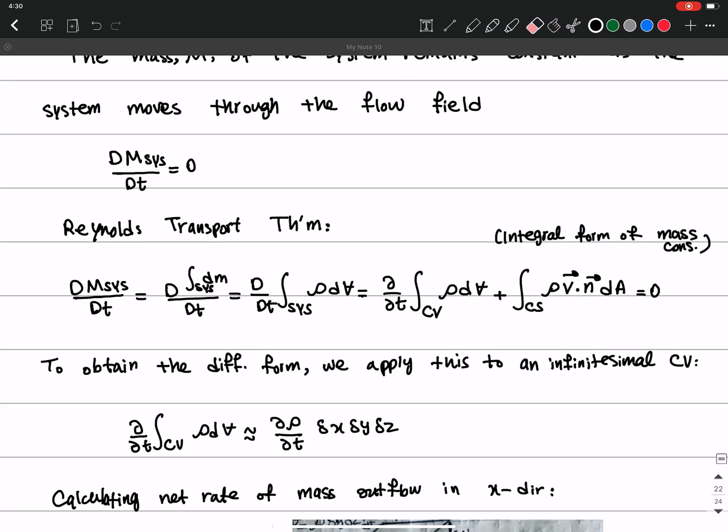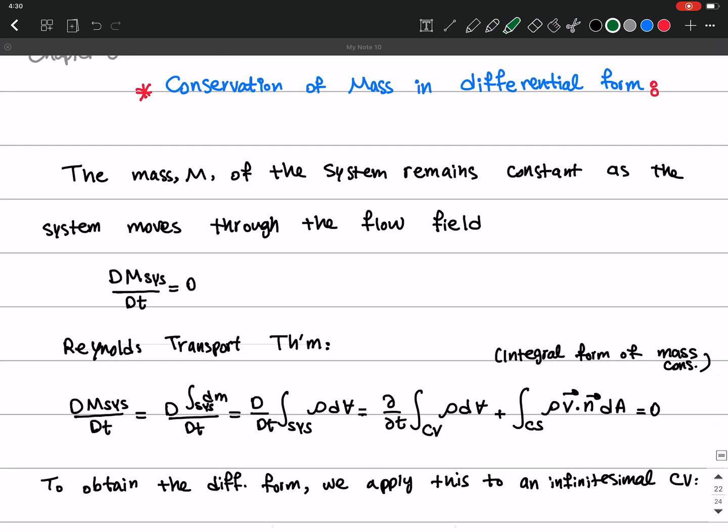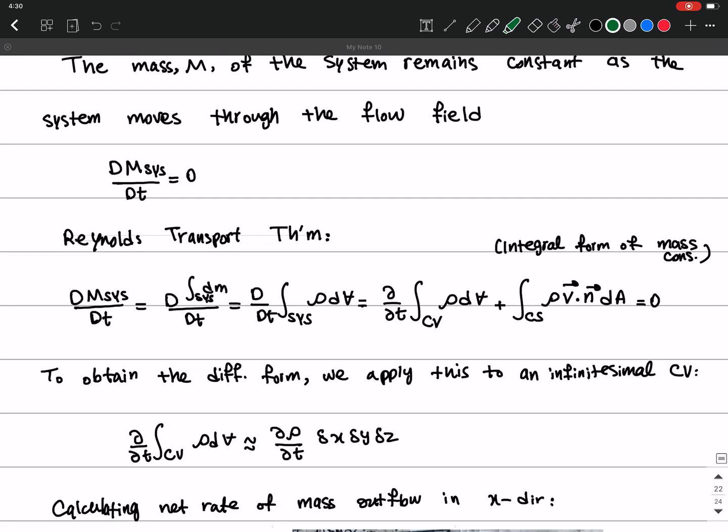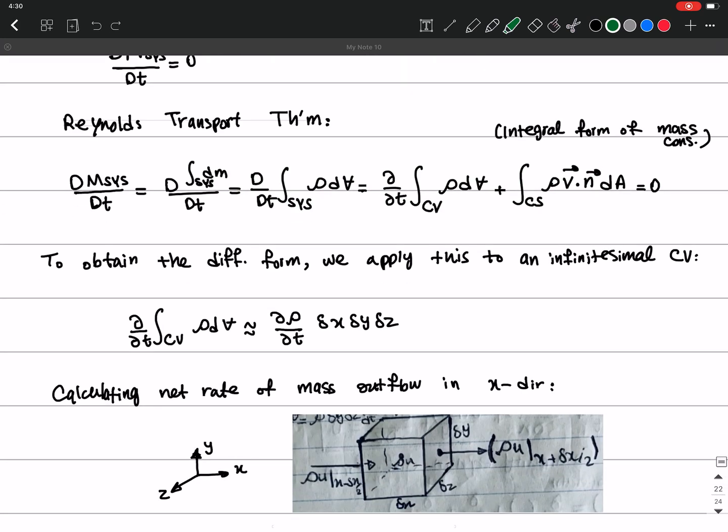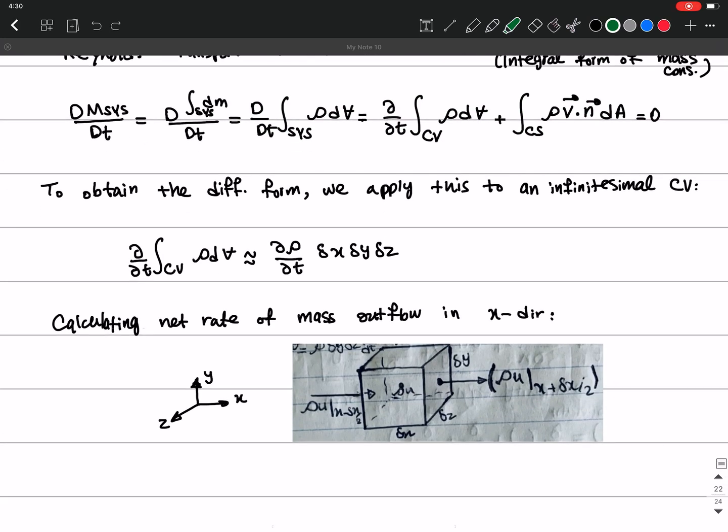Okay, just to have a brief overview of what we learned today, we derived the conservation of mass in differential form. We started with the integral form of the continuity equation or mass conservation, which is shown here, and then we assumed an infinitesimal control volume and applied this integral form to it.